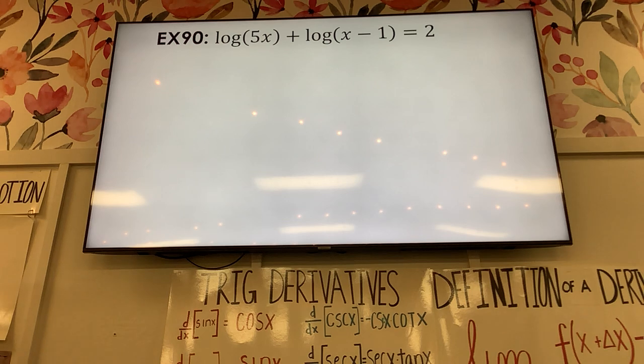The ones that are on the non-calculator are, I think, like, you have nice numbers, like you're not going to have to leave it in terms of e.